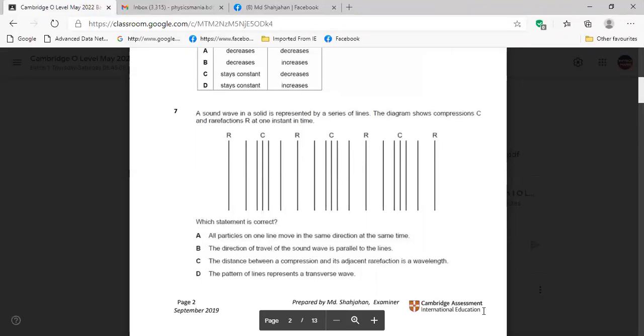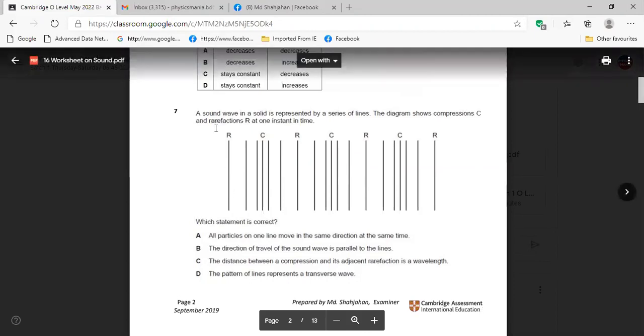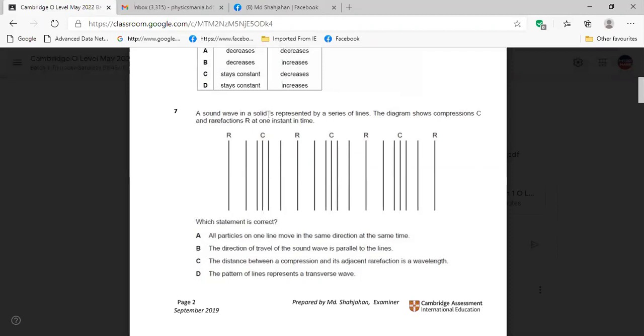Okay, so this one is a bit deeper, and we can find the answer like this. They are saying a sound wave in a solid is represented by a series of lines.